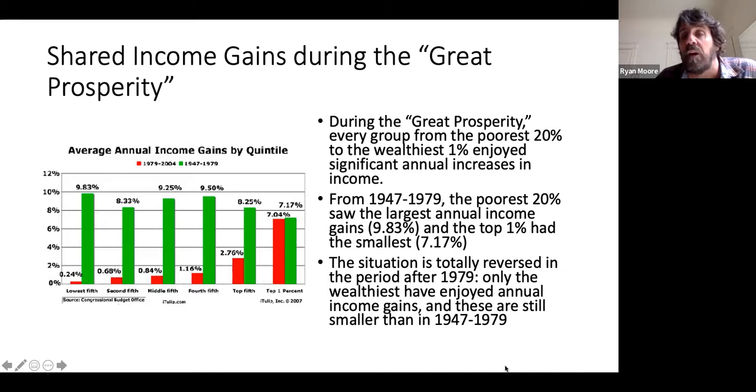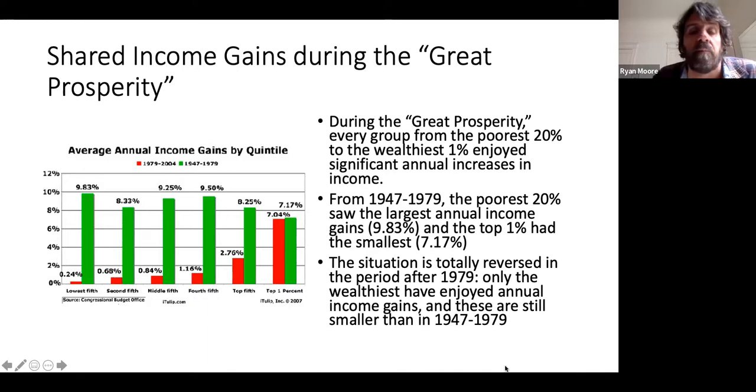And everybody else has experienced a smaller increase in their income in this period. And that's something that has only become more extreme since the 2000s. So basically, the poorer you are, the less your income has increased, right?